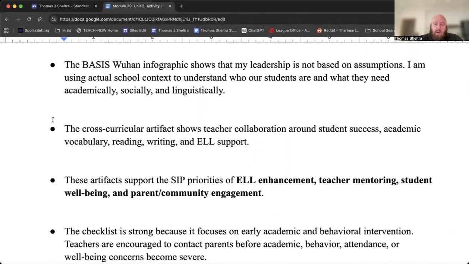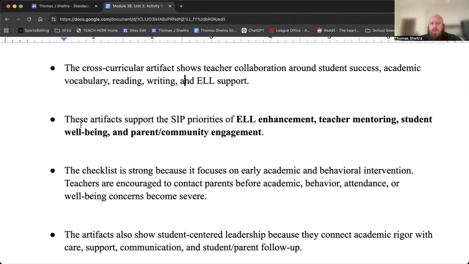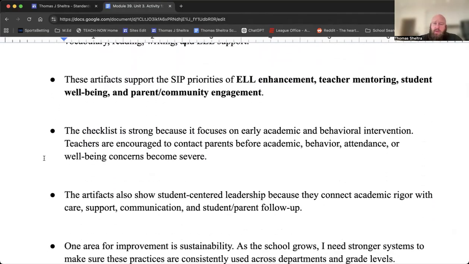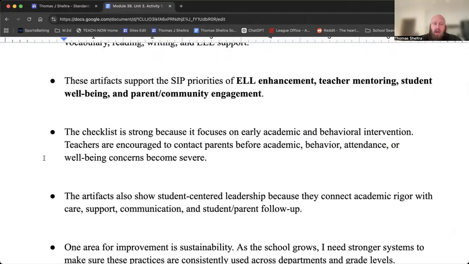When it comes to the cross-curricular teaching, the type of collaboration that we have fits Standard Two very well, also adapting to our mission. The artifacts here fit my school improvement plan as far as ELL enhancement, student well-being, teacher mentoring, and parent community engagement.